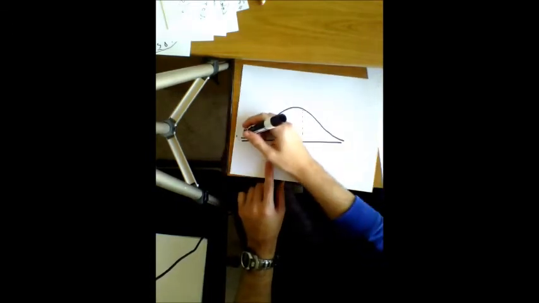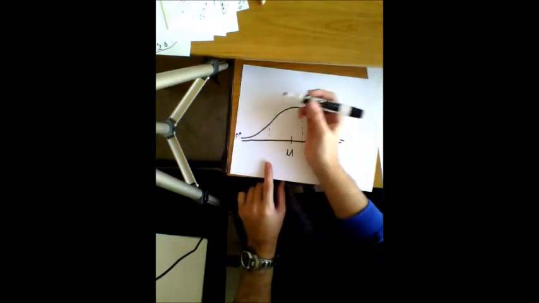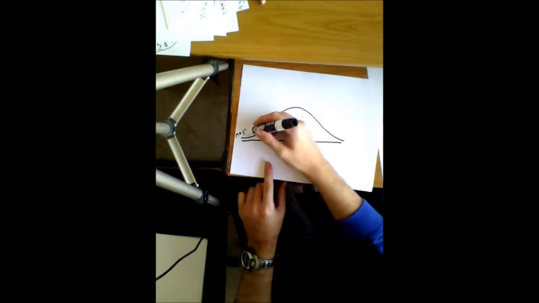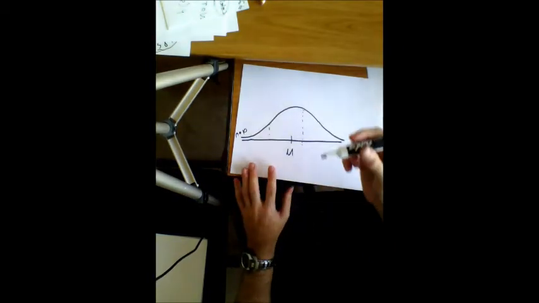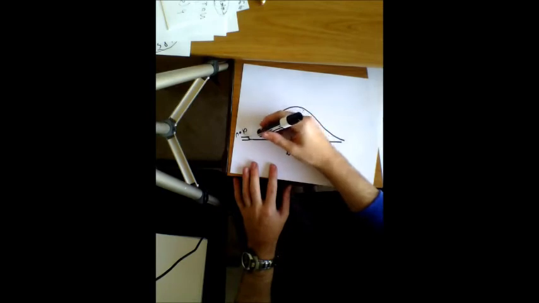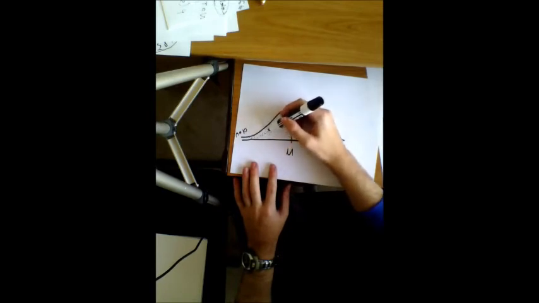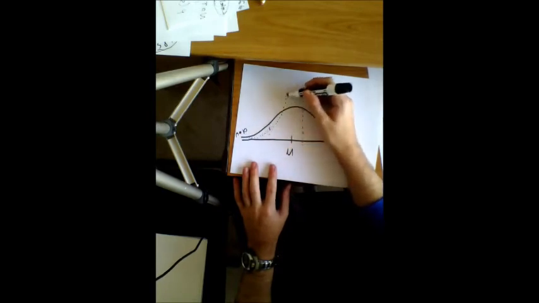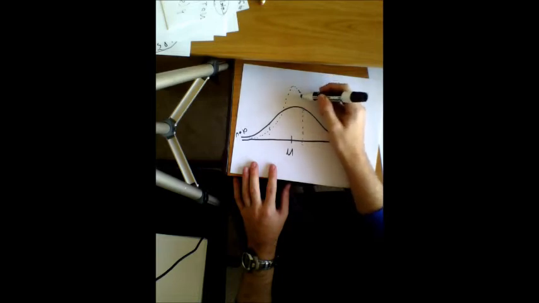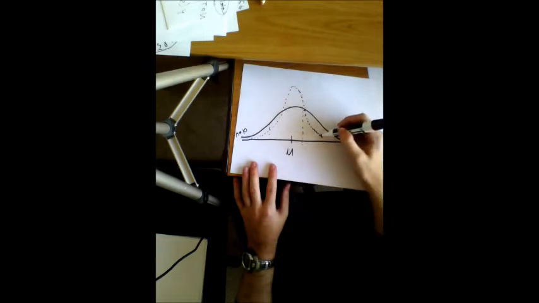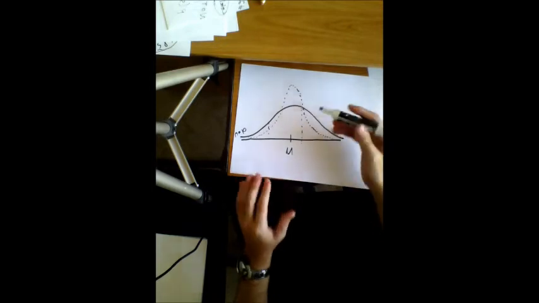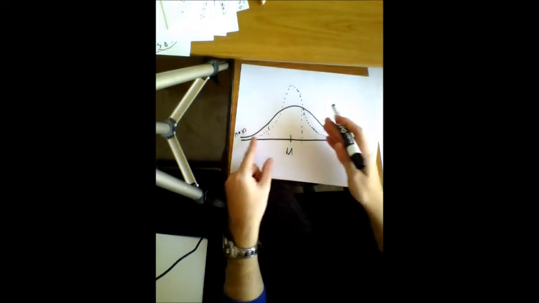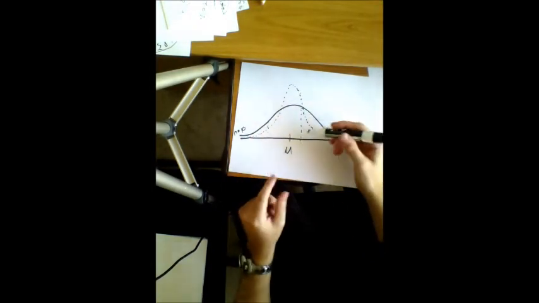And so let's say we just took a sample of n equals 10 here. If I take a larger one, what happens is that the probability of being farther away from this mean gets smaller.